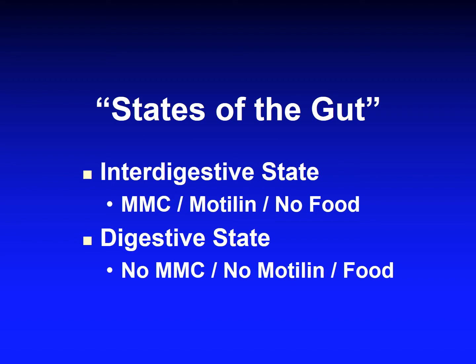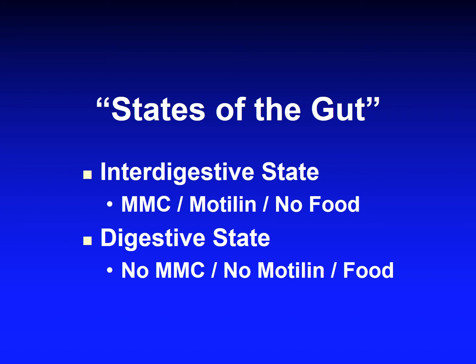We will talk about that in a second. But the interdigestive state is when the animal or the human are not actively engaged in eating as we speak, then the hormone motilin starts to be secreted, and that's what will stimulate the migrating motor complex to be generated in the small intestines.